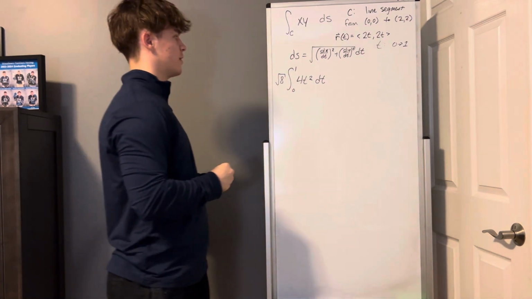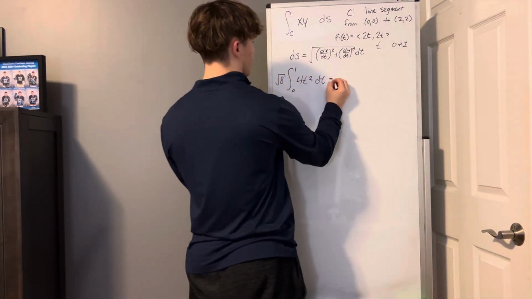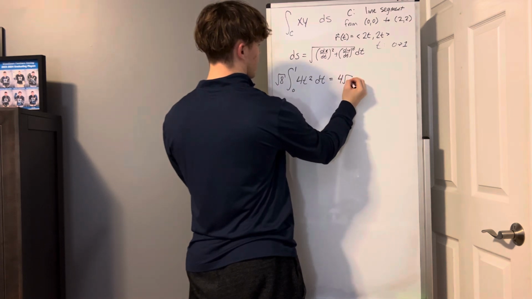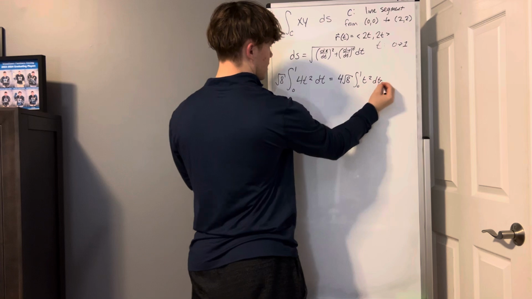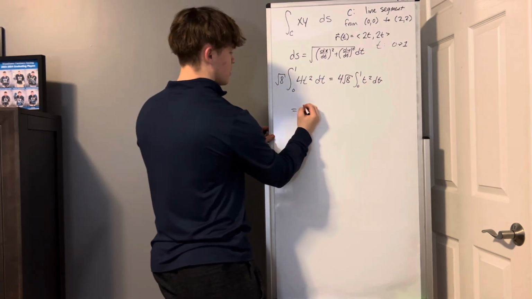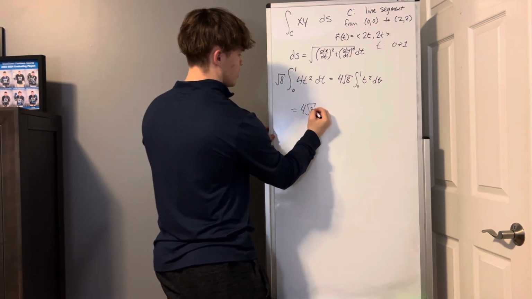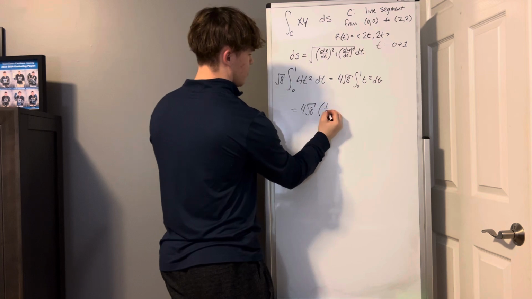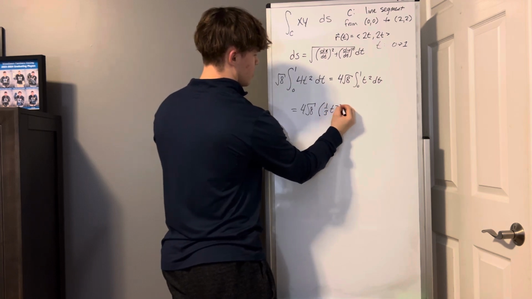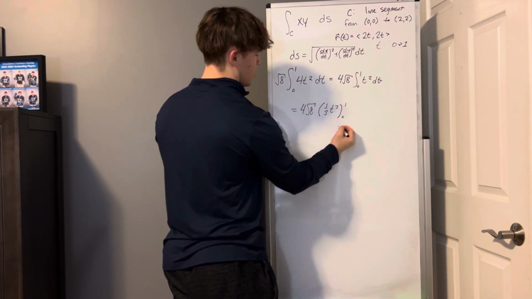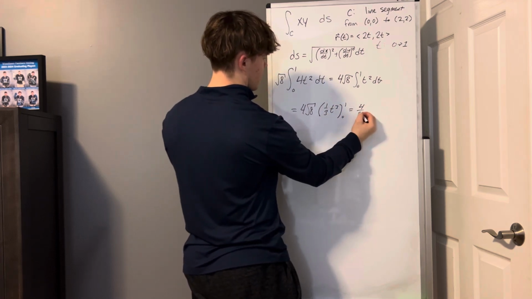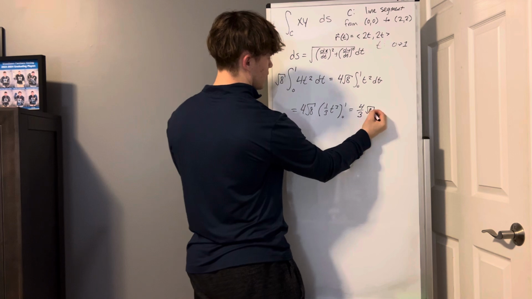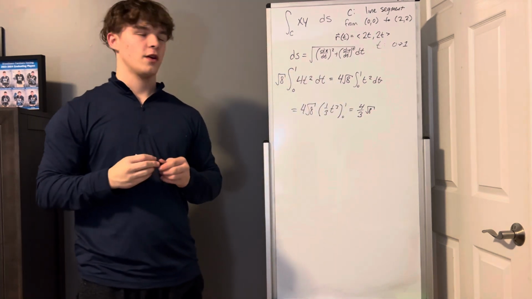So this actually becomes very simple. Let's take our 4 out, 4 root 8, integral from 0 to 1 of t squared dt. And this equals 4 root 8 times 1 over 3 t cubed, evaluated from 0 to 1. This is just 4 over 3 root 8. Very, very simple.